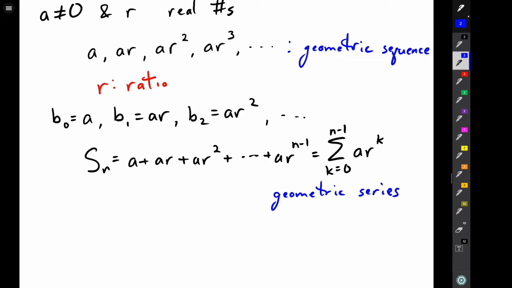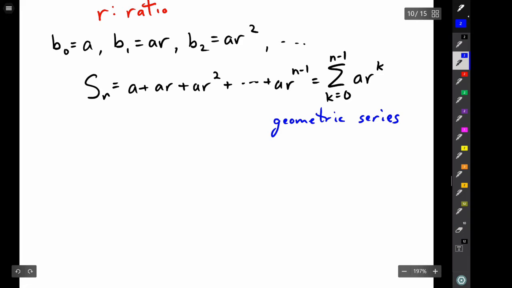Now, there's a neat trick we can do here. I want to figure out what this geometric sum is. Based off that last example, if we can find a nice formula for Sn, then we can try and find the limit of the full infinite series, which we call the geometric series.